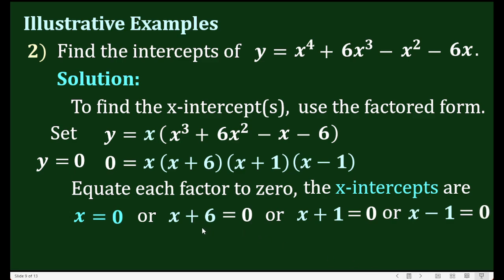So each equation can now easily be solved. For the first one, it is already determined as 0. Then for the second equation, x is equal to negative 6. For this next equation, x equals negative 1. And for the final equation, x minus 1 equals 0, x equals 1.